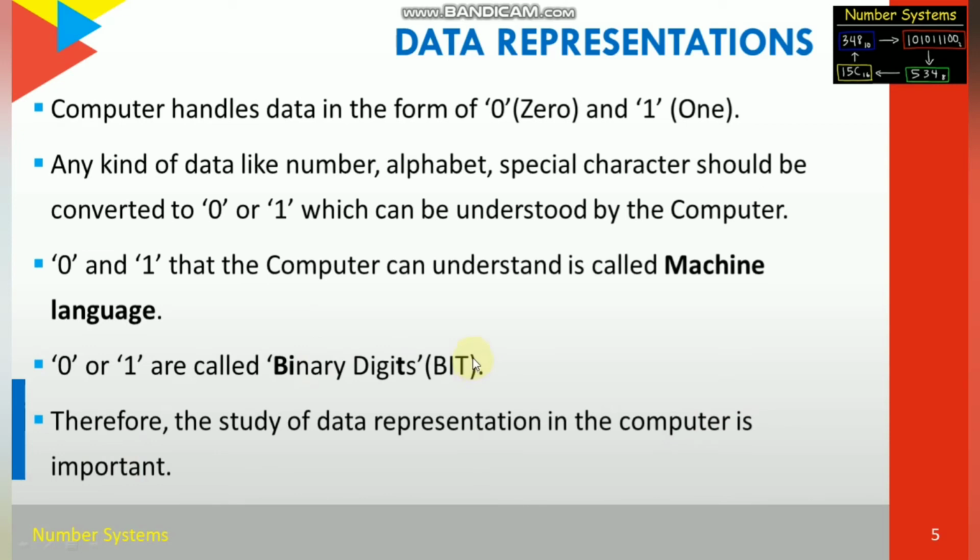Okay, so we come across the term called bit. This term has been coined from the words binary digit. From the term binary they took bi, and from digit they took t, so we get bit.